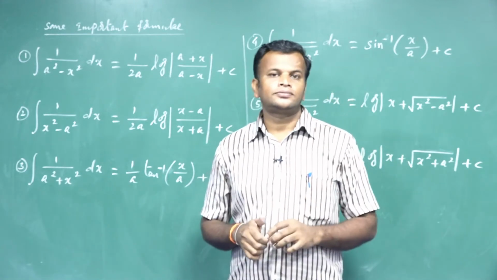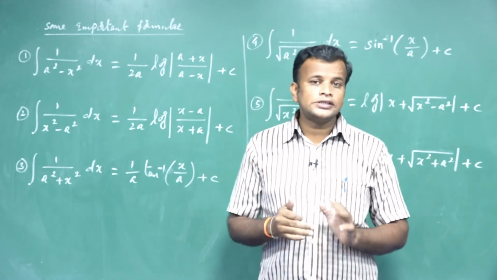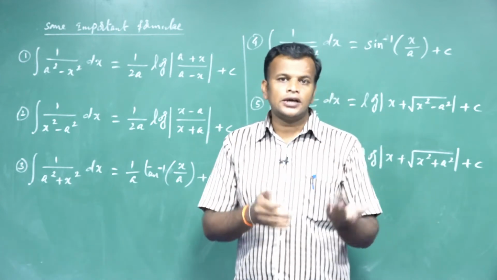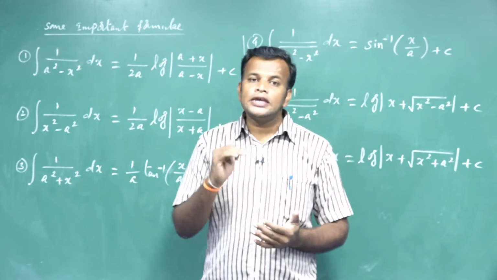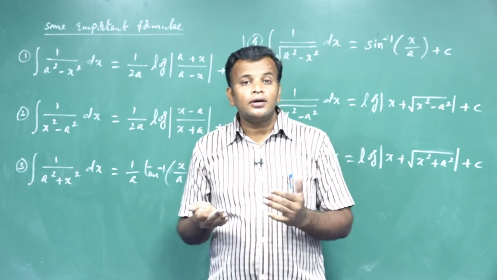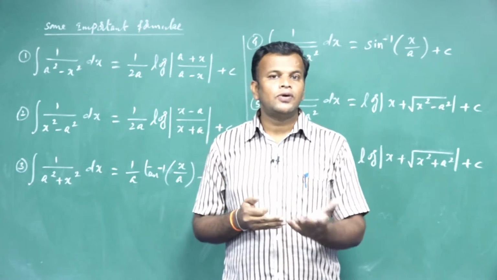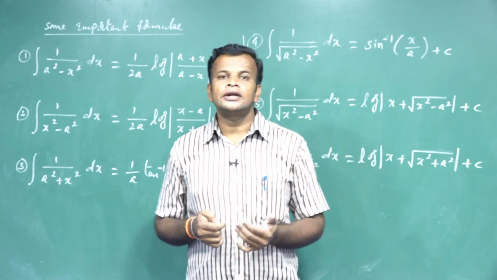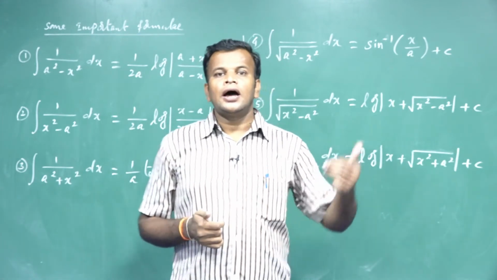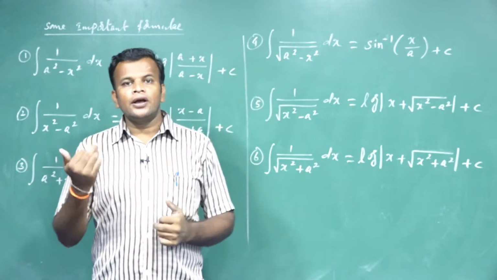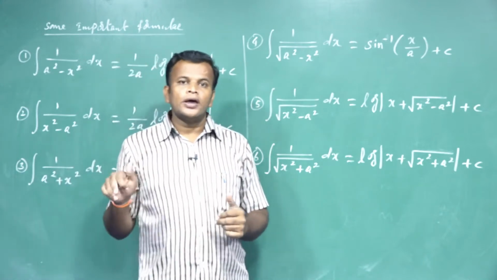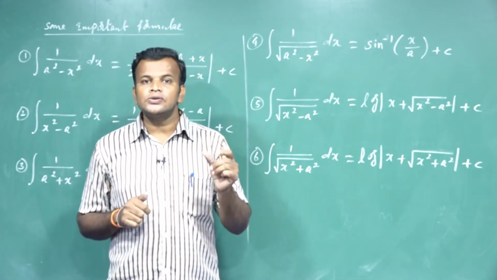And the third one we already saw in tan inverse. Now we see again integrating of 1 divided by a square plus x square or x square plus a square also given. The formula is 1 by a tan inverse of x by a plus c. And the fourth formula, integrating of 1 divided by square root of a square minus x square into dx.